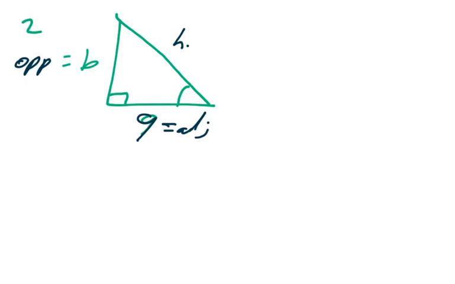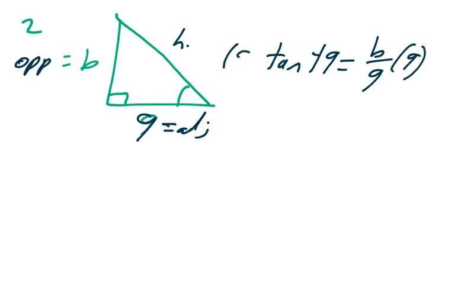And so since we're given the opposite and the adjacent, we're going to go with the tangent of 49 equals B over 9. Of course, multiply both sides by 9. And we'll find out what B is. And that turns out to be 10.3. Actually, if I round it correctly, we'll call it 10.35.